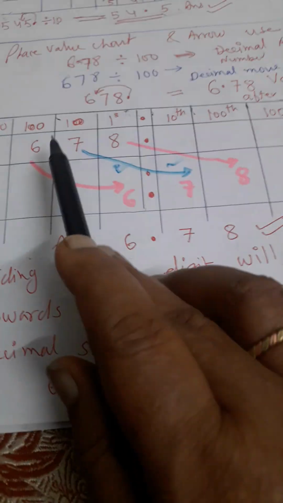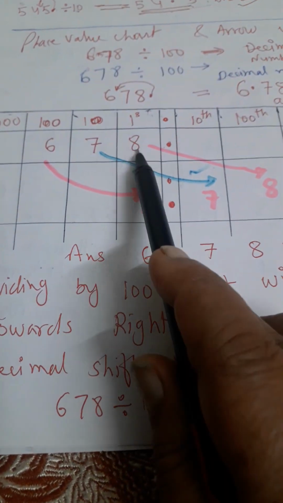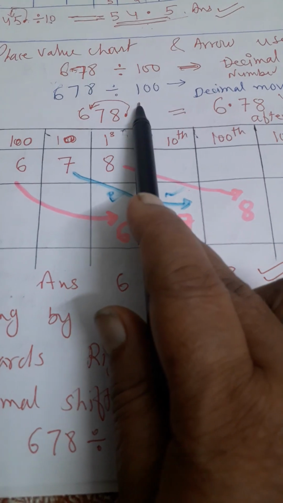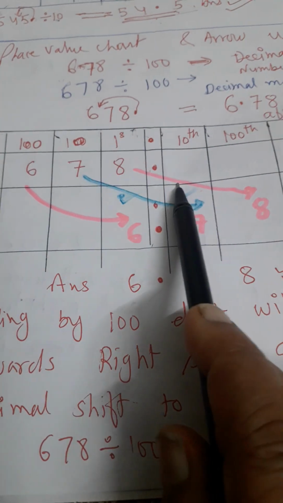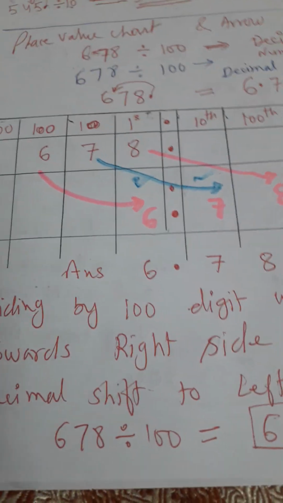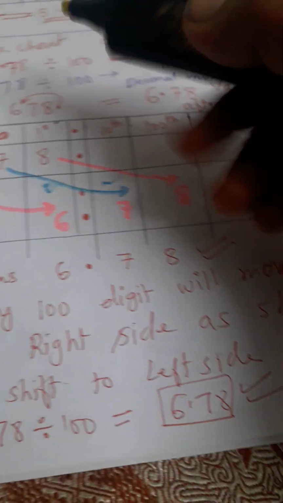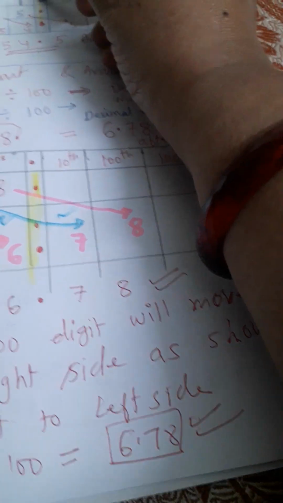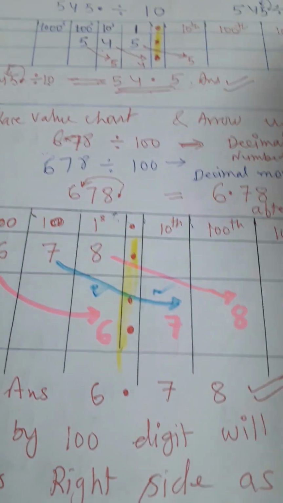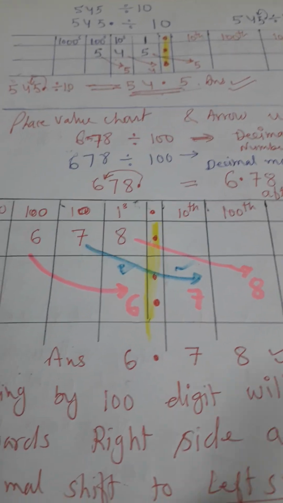Earlier I told you, write down 678. Okay, now divided by 100 means it will jump to the second column. So first column this, second column this. I told you that the decimal will remain intact. We will not see this decimal. We have not to disturb this decimal.